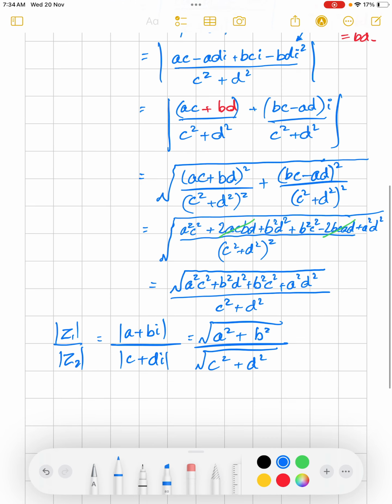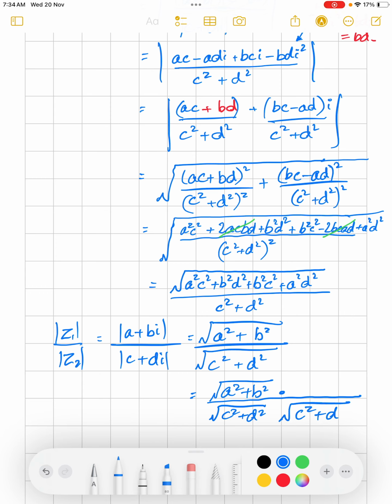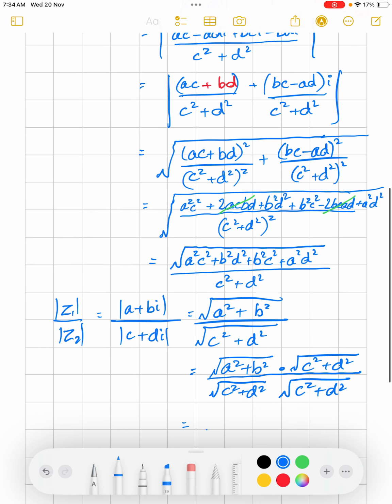So what we can do here is take the numerator, A squared plus B squared, and multiply it so that we've got another C squared plus D squared. So we can get the denominator at least the same. So then now we've got a denominator of C squared plus D squared. But let's expand the top.